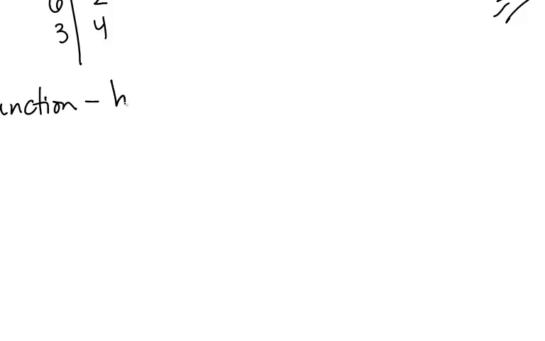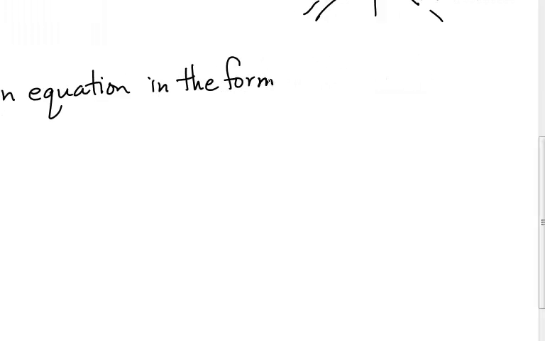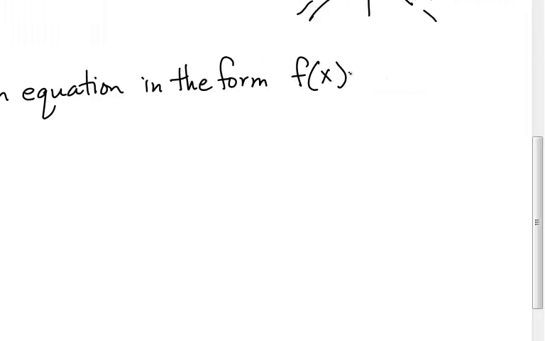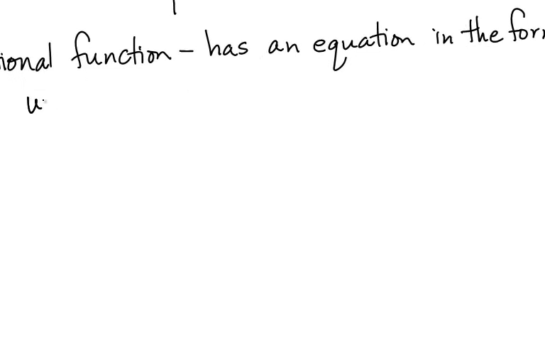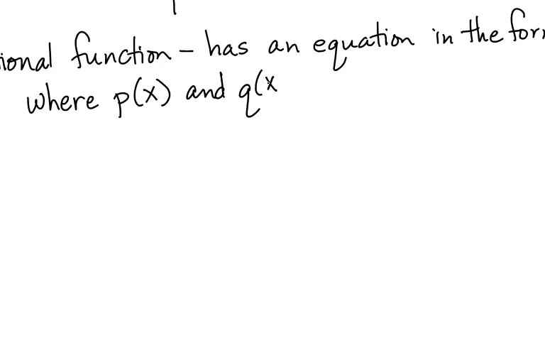A rational function has an equation in the form f of x equals p of x divided by q of x, where p of x and q of x are polynomial functions.